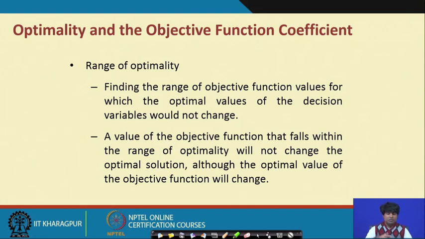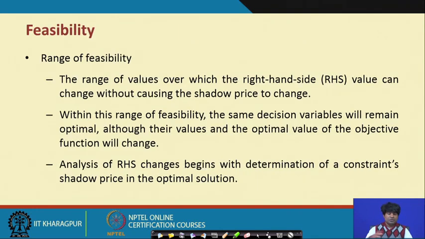And again, so far as the range of optimality is concerned, it means finding the range of objective function values for which the optimum values of the decision variables would not change. A value of the objective function that falls within the range of optimality will not change the optimum solution, though the optimum value of the objective function will change. So we have a kind of flexibility.